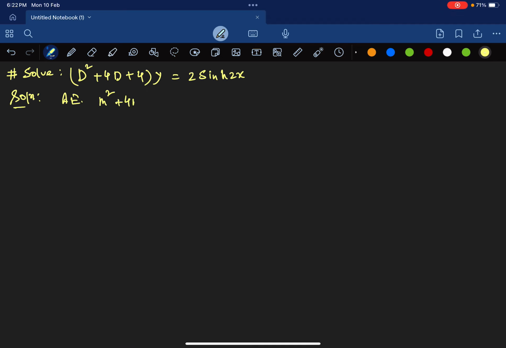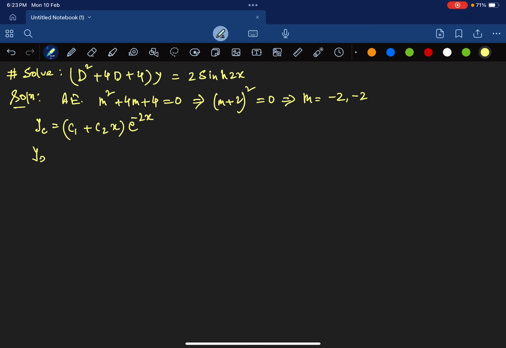Auxiliary equation, m square plus 4m plus 4 is equal to 0. So from here what you will get? m plus 2 whole square is equal to 0. So from here m is equal to minus 2 comma minus 2. Okay, so yc will be c1 plus c2 x e power minus 2x.